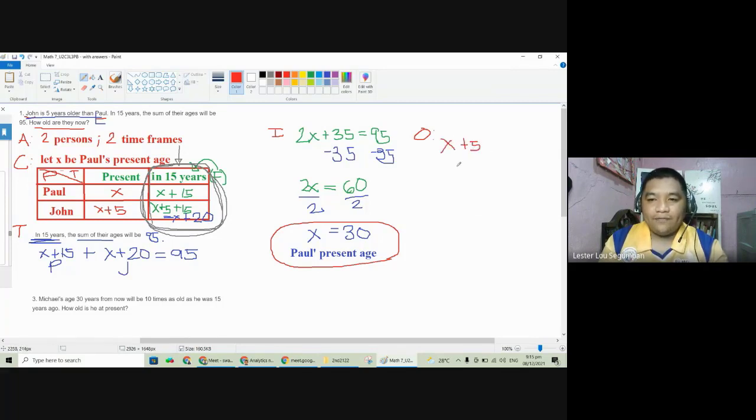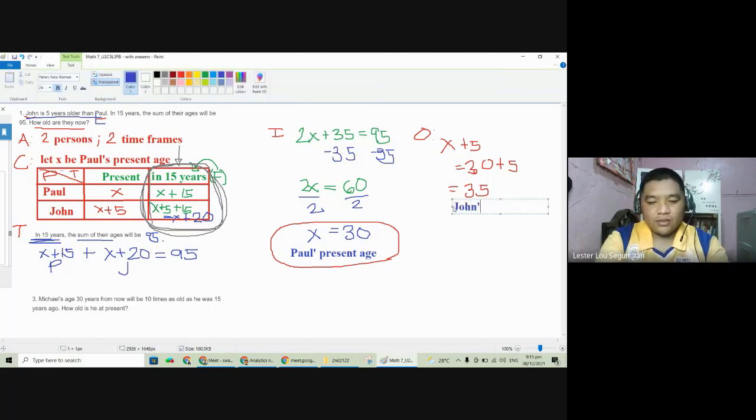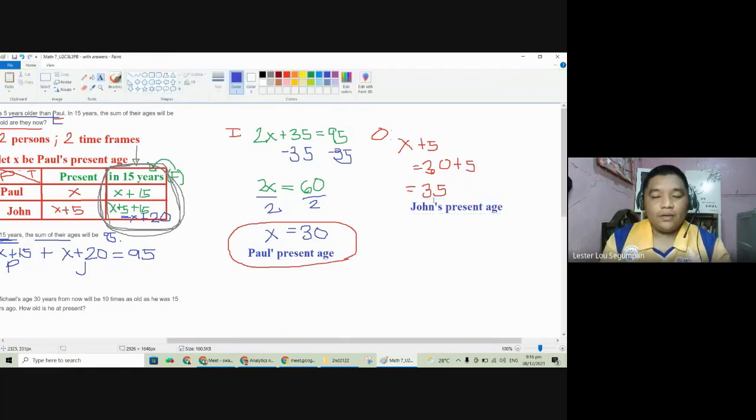So we have here the value, x being 30, plus 5. The value is 35, and this value is John's present age.